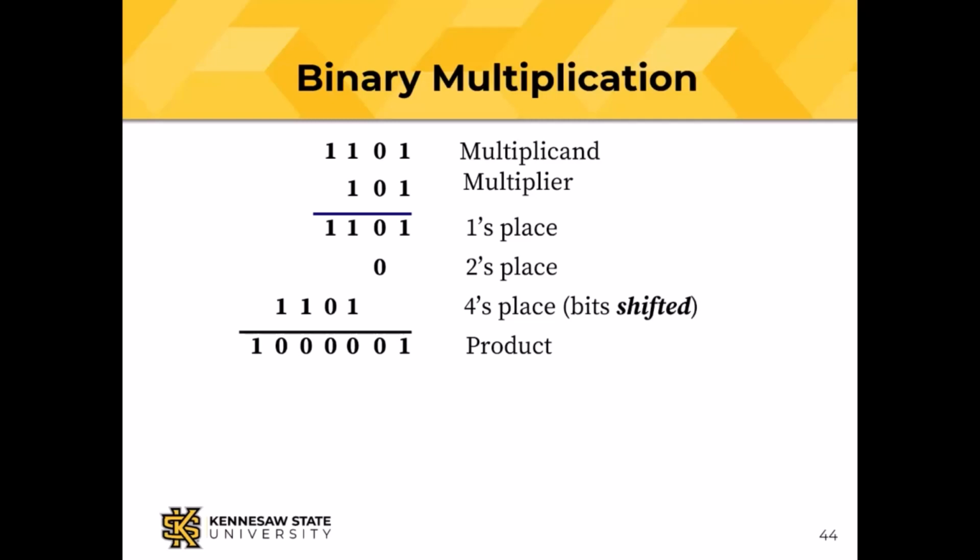This is exactly what you do when you are multiplying decimal numbers by hand, except we don't have to do any actual multiplication. It's either times 0 or times 1. Then you add up the three partial products, and you get the final product. No, I'm not going to ask you to do that on an exam, but I want you to believe that it works. Division also works.